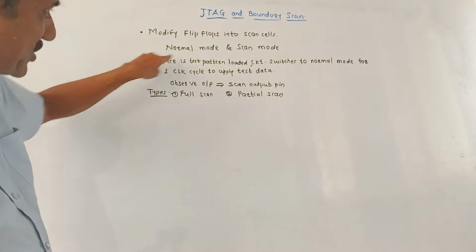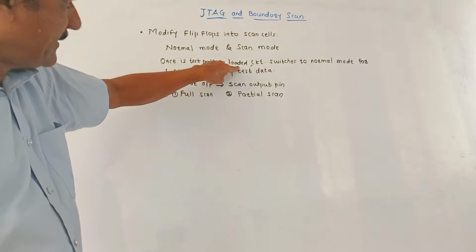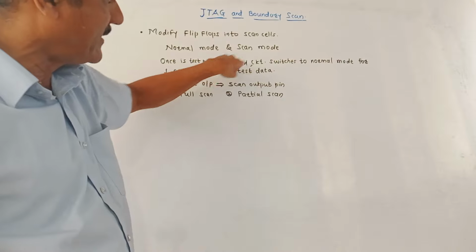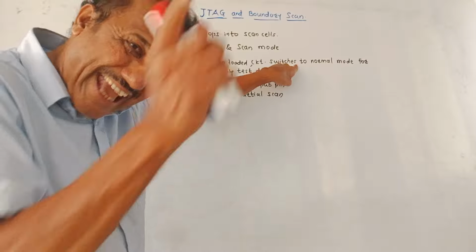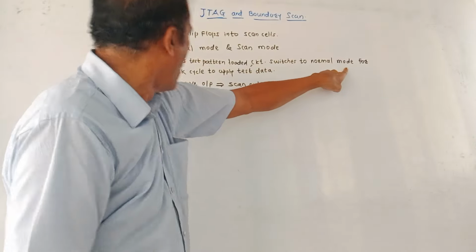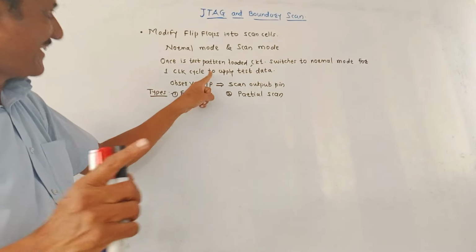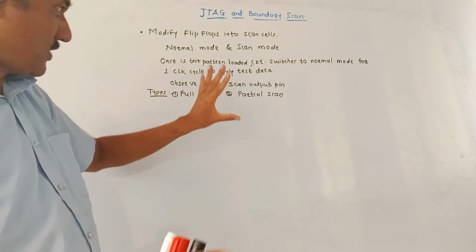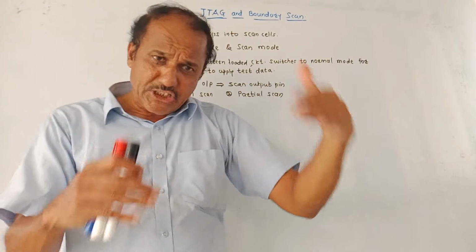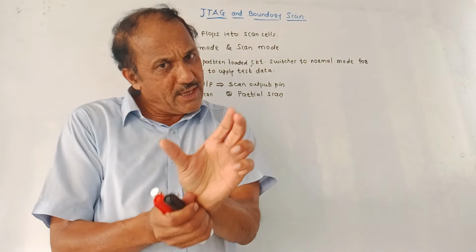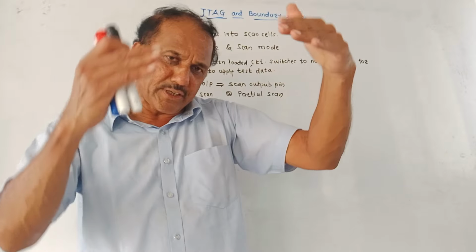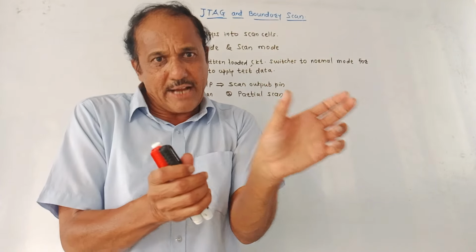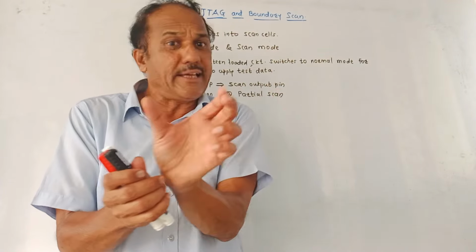Initially you have to load the test pattern. Once it is loaded, the circuit switches from scan mode to the normal mode for one clock cycle. Then the test data is applied. This is the procedure. Once the test data is applied, the circuit behaves like a shift register, because different scan cells are combined together as a chain, and it forms the chain like a shift register.